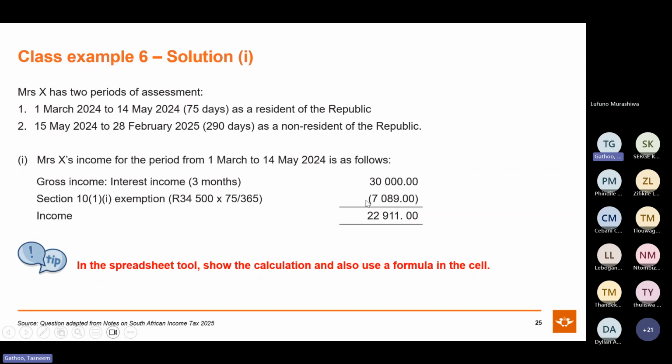And again, remember, it's important to show this as a negative. So in this cell, you would say equals 34,500 multiplied by 75 divided by 365, and it will automatically give you the answer. Once you've set up your spreadsheet in the beginning to show negatives in a certain way, it will automatically show that way. Then your gross income minus your exemption will give you income of 22,911. So far, is everyone following? Are there any questions so far?